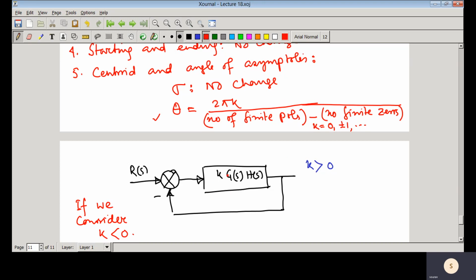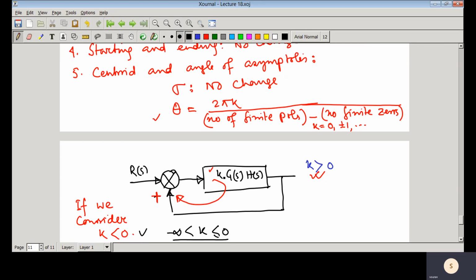So when k is negative, we can just put one negative sign here, and say that k would be positive. If we bring this negative sign here, it would be plus, positive. Then what is the root locus when k is varying from minus infinity to 0?